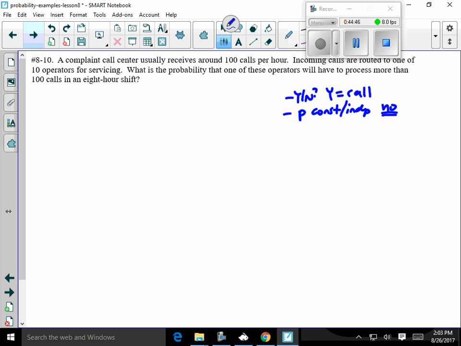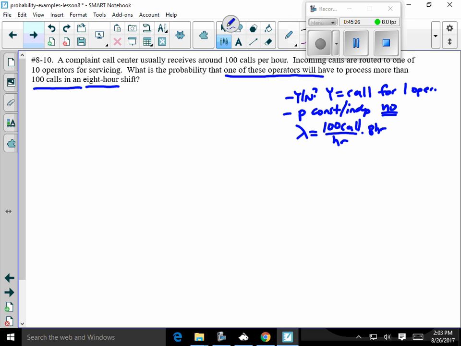The question's asking us whether one operator has to process more than the number of calls. So this yes really is a call for one operator, specifically. So what I could do is figure out the typical value for one operator, right? So if we have 100 calls per hour in the center, and a shift consists of 8 hours, if I multiplied by 8 hours, that would give me the number of calls for the whole center.